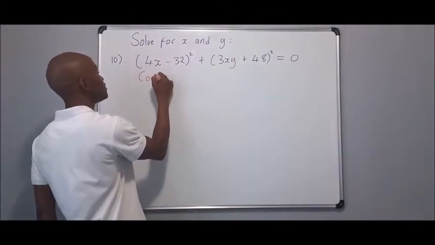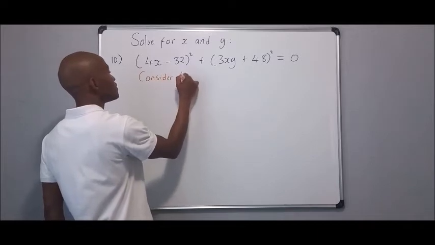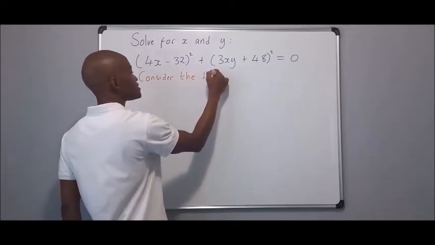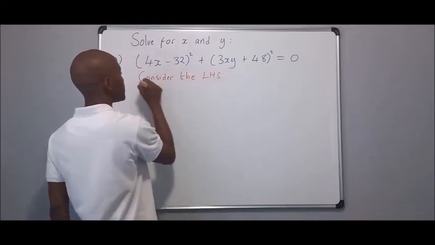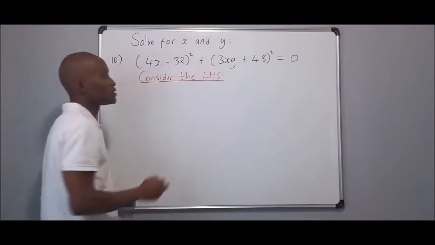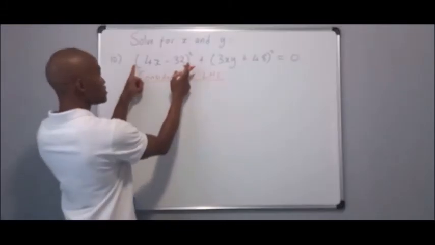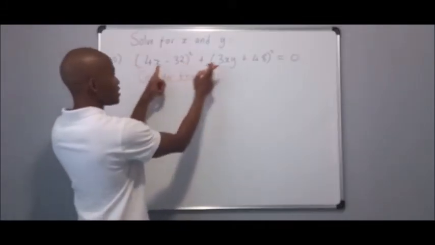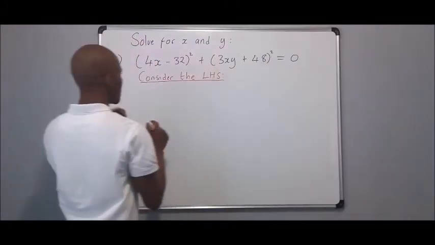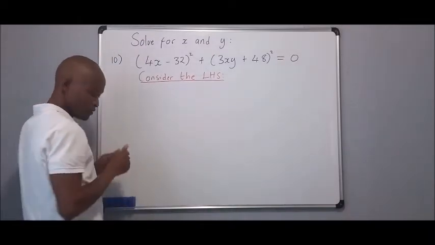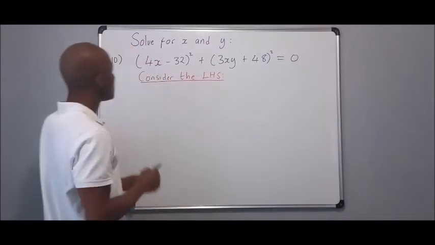So consider the left-hand side of the equation. So here we go. What is happening? Let's start with this expression right here, and then we'll move on to that one. So we have the following. I'm going to use blue for that.